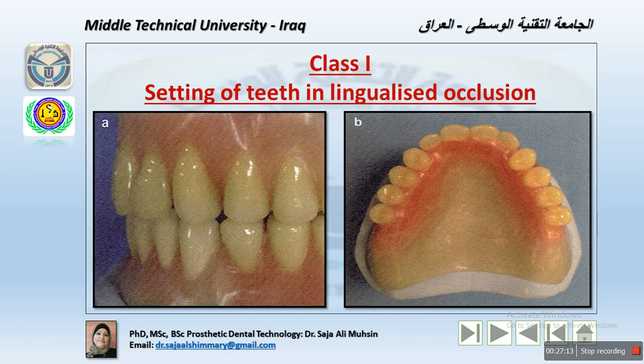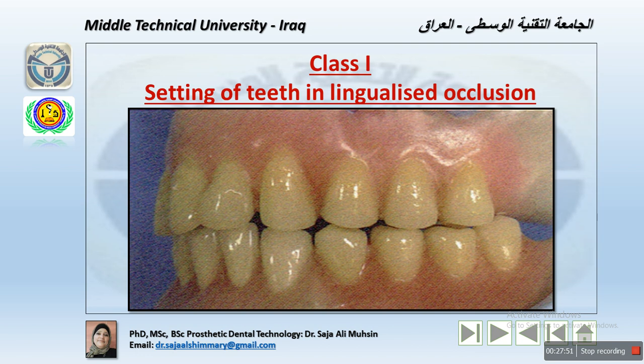It should be noted that dentures made using this technique may not be symmetrical about the midline. This is of little consequence and is a result of following the anatomical structure of the mouth. Dear students, now what we have with the lingualized occlusion in terms of setting of teeth, with the natural occlusion and lingualized occlusion, I'm sure that you will focus on these steps because we have to set the teeth in terms of natural occlusion and in terms of lingualized occlusion.